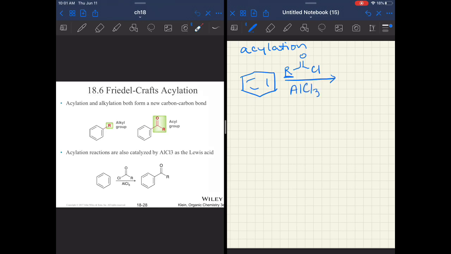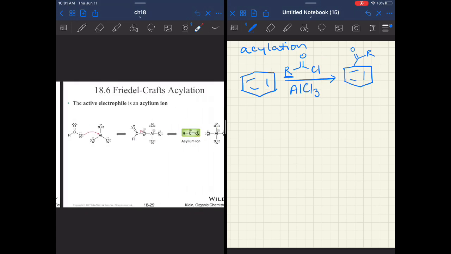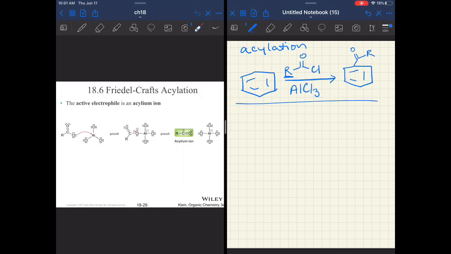It also requires aluminum trichloride, and it will allow you to replace a hydrogen with this acyl group. The mechanism starts off very similarly, right? We've got our acid halide. We've got our aluminum trichloride, and we are going to have that Lewis acid-base reaction.